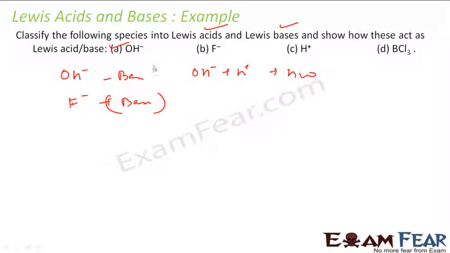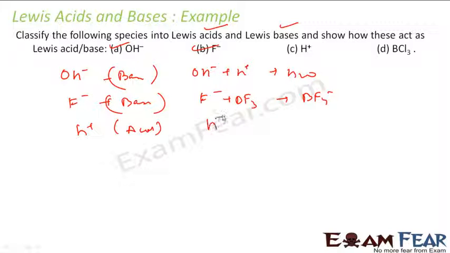Why? Because F minus, if you react with BF3, will form BF4 minus. If you react with H plus, it becomes HF. H plus is an acid, right? Because you react H plus with OH minus, it becomes H2O.